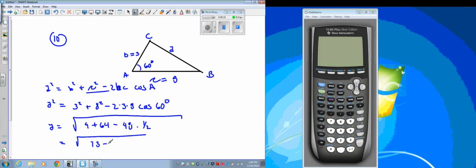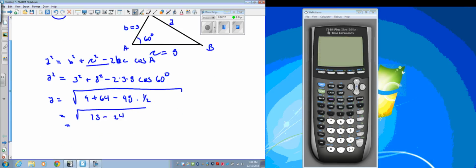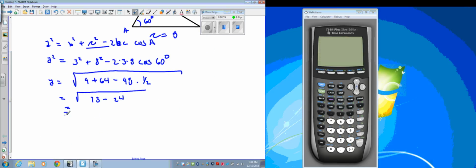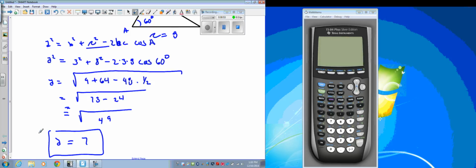So we have 73 minus 24. And what's that, the square root of 49, which is 7. So, yeah, you're gonna use the positive square root.